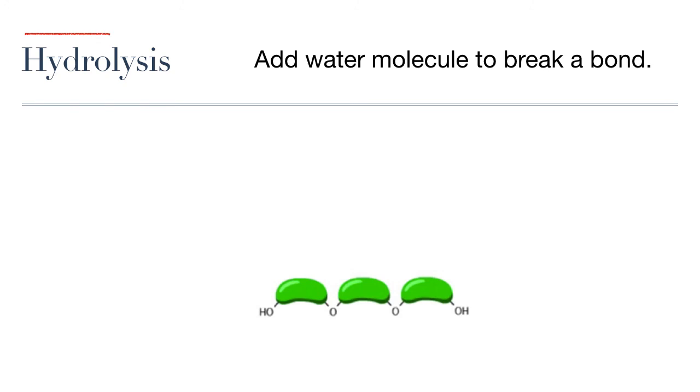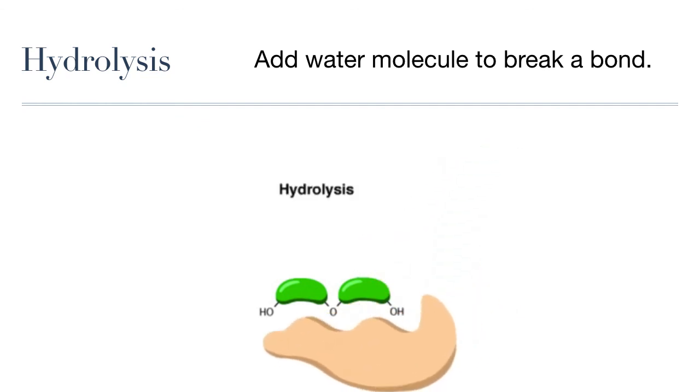So hydro refers to the addition of water, or hydrating the bond, and lysis is a word in biology that means breakdown. So during hydrolysis, an enzyme will add water to the bonds in the polymer and break them, releasing the monomers.